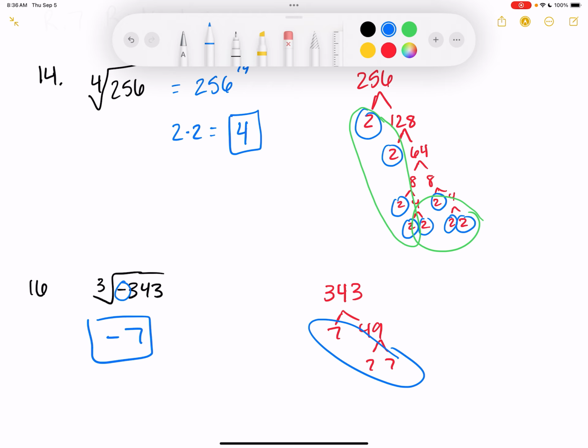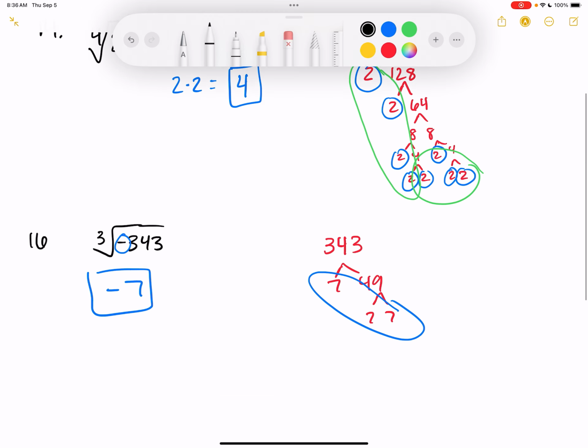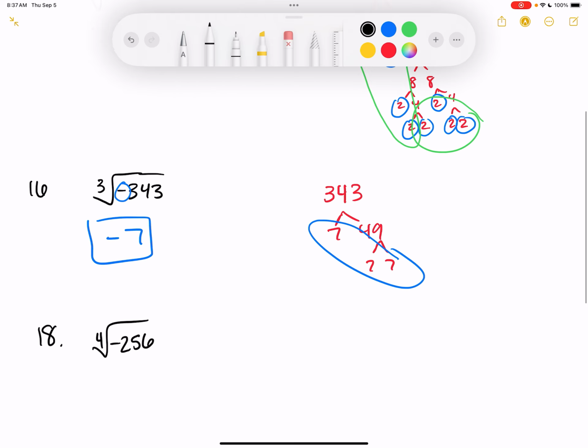Now, in 14, we had the 4th root of 256. But what happens if I have the 4th root of -256? It becomes -4. Becomes positive. So, if I have an even root, can I have a negative under the radical?